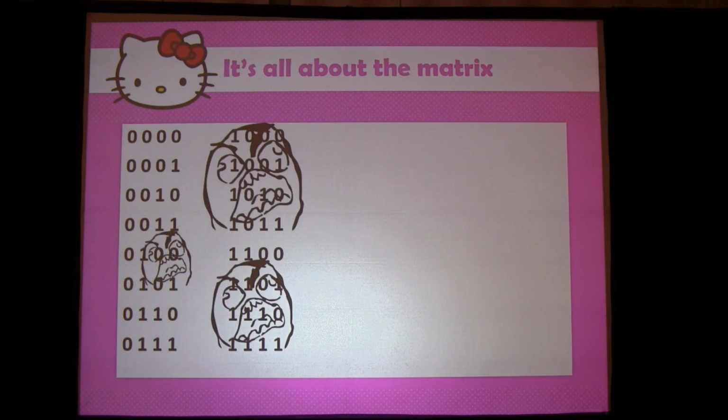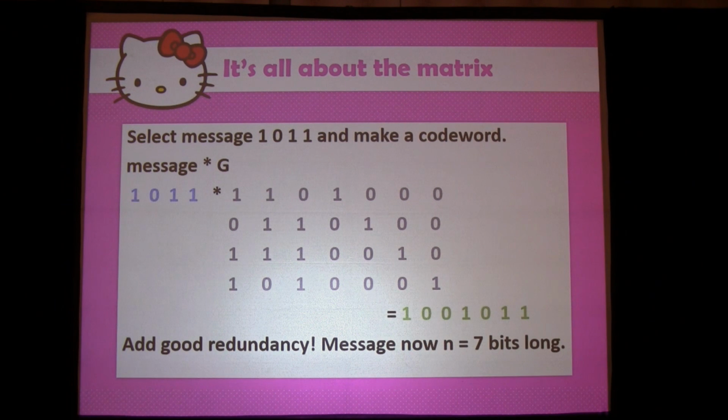Now, what's the big deal? Just send them. Well, if you have no noise or interference or any other issues or any loss in your system, that's fine, but you've got noise and trolls, and they're going to mess everything up. That's why we have forward error correction. Okay, what do we do? We take these messages and we transform them into code words. We're going to put back redundancy.